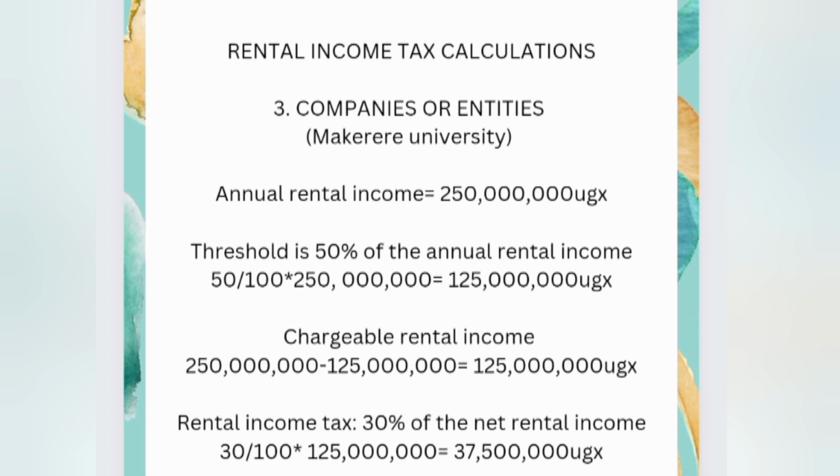So 37,500,000 is our rental income tax in this example of Makerere University. So that is the calculation. Thank you.